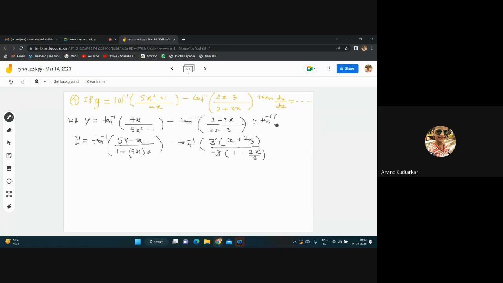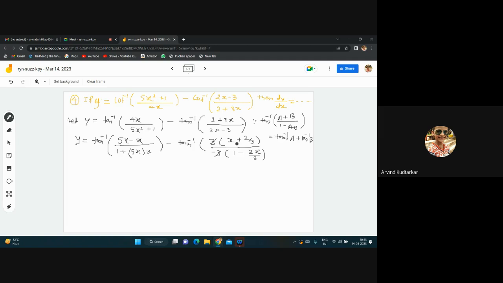Tan inverse of (a plus b) upon (1 minus ab) is tan inverse of a plus tan inverse of b. And tan inverse of (a minus b) upon (1 plus ab) is tan inverse of a minus tan inverse of b.